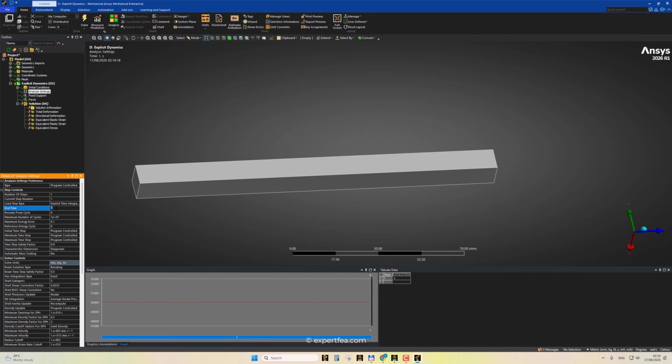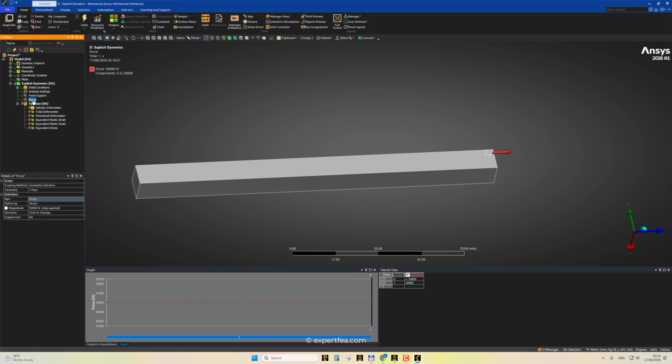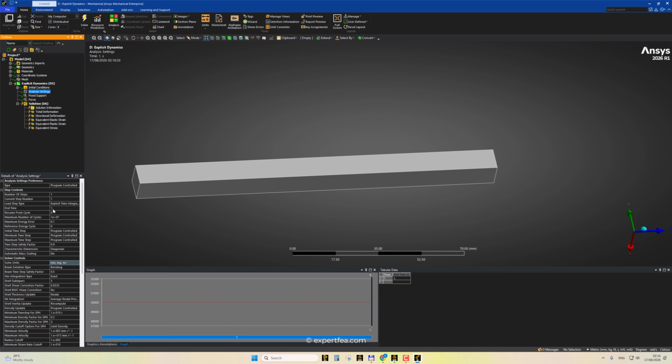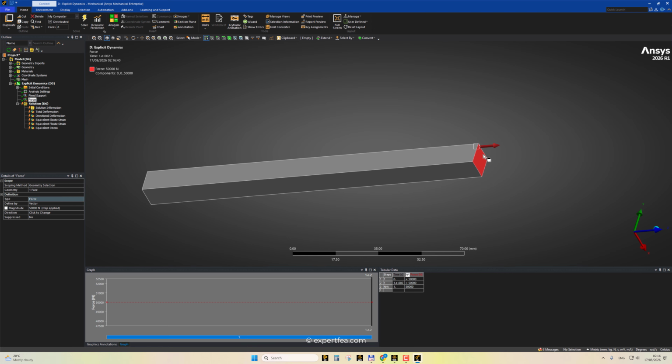If we keep this end time here for 1 second, then we would have a realism of the load. I'm telling you because when I'm using a fraction of the time, this force applied on this end will be a sudden force.